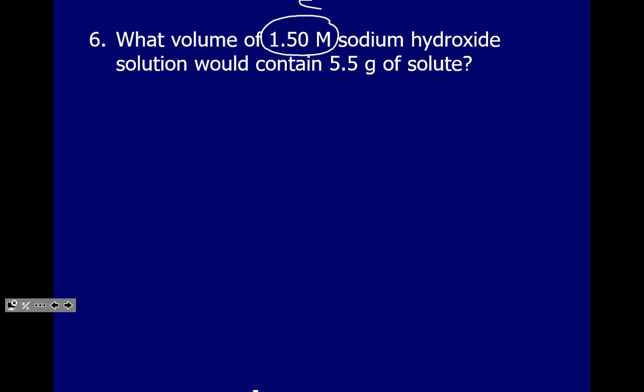So in this case, I'm starting with a mass, 5.5 grams, and I want to eventually get to volume. This is where sometimes a little map can be useful. Mass to moles with the molar mass, and then moles to volume using that C that we were given.